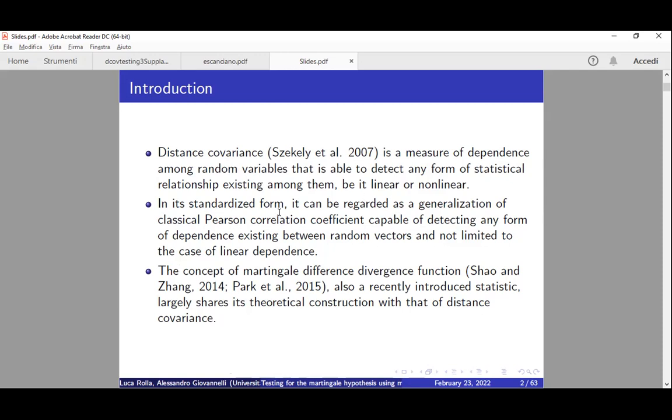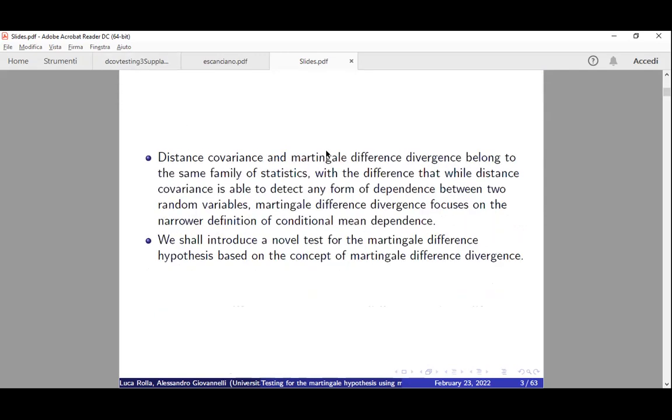In its standardized form, it can represent a generalization of the Pearson correlation coefficient. As I said before, they belong to the same family of statistics. Distance covariance is able to find any form of dependence. Martingale difference divergence focuses on conditional mean independence. Our aim is to use the martingale difference divergence to construct a test for the martingale hypothesis, so that we can find out if a series is indeed a martingale difference sequence.